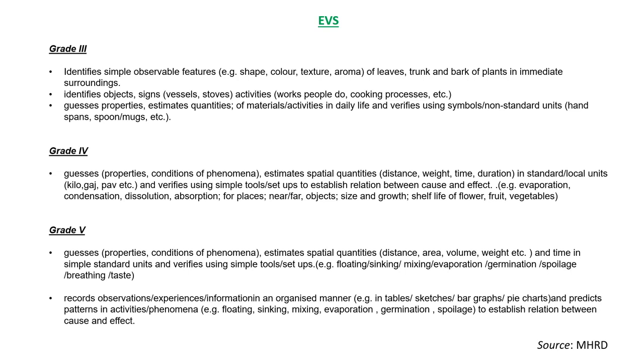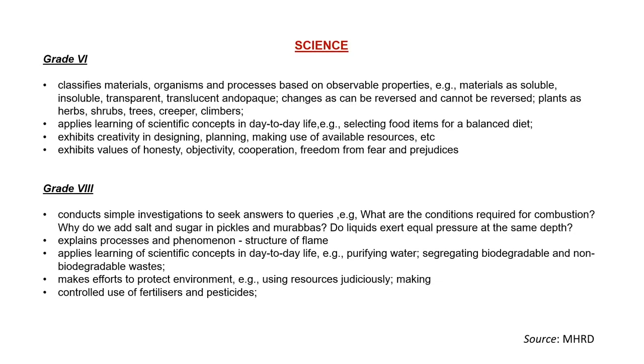You get the idea. Many learning outcomes in science as well, such as investigative procedures, observation about the nature of materials, phenomena such as the structure of a flame, etc., can be covered. Even a learning outcome, such as exploring the effect of pesticides on health, can be integrated, etc.